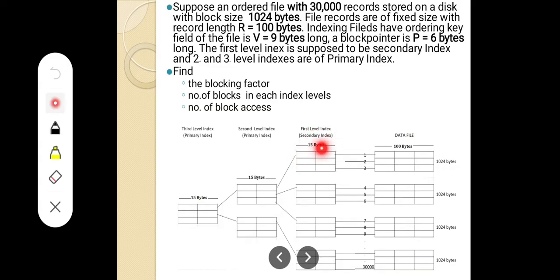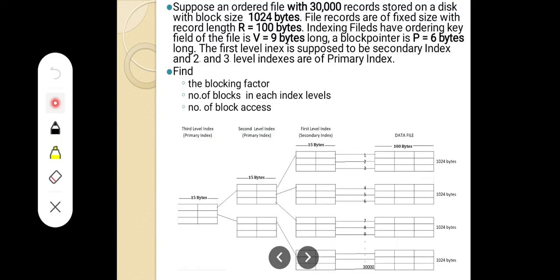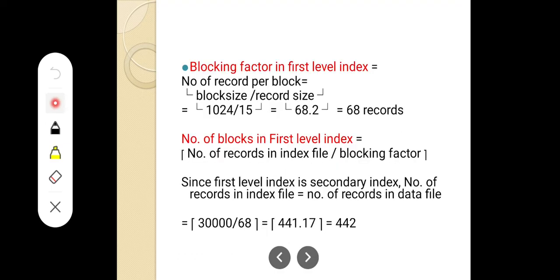In the first level index, we have computed that there are 442 blocks. So the number of records in this second level index is 442, because it is pointing to 442 blocks. So it has 442 entries.